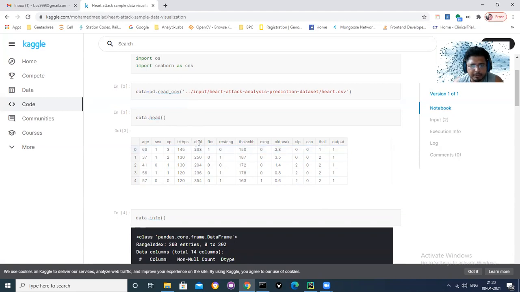We are able to tell about cholesterol and fasting sugar because we have seen it, done it ourselves. But other things like CA, SLP, old peak, EXNG, we don't know what these are because we are not from the medical background.